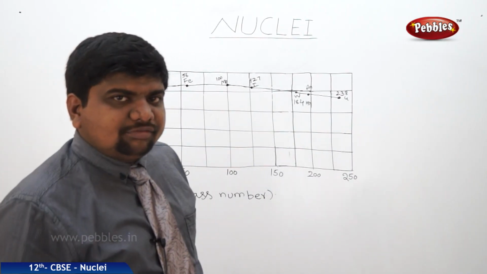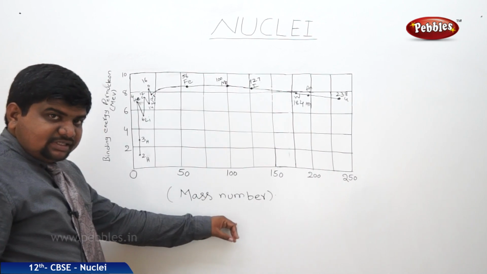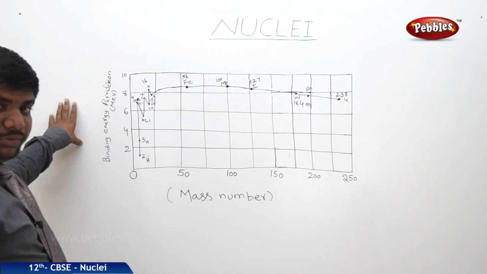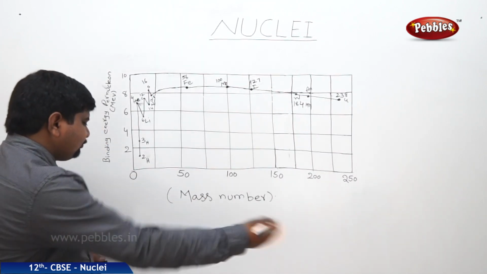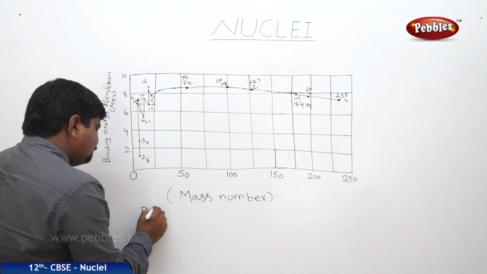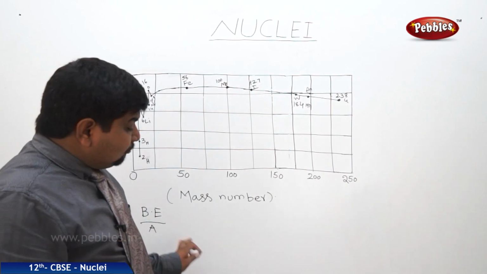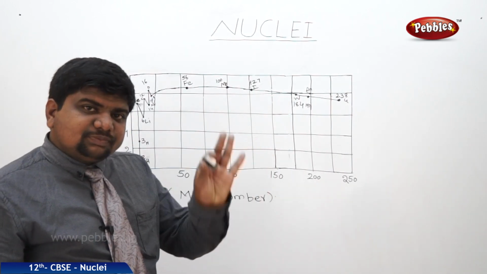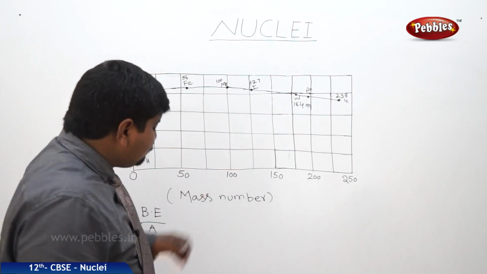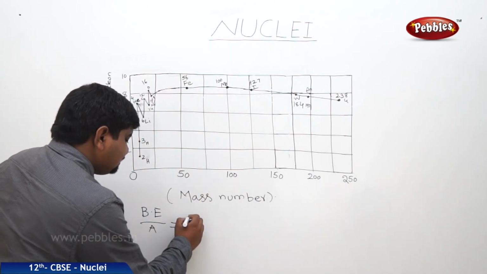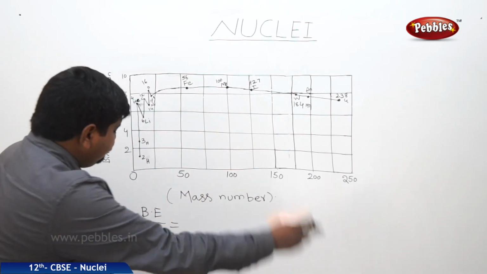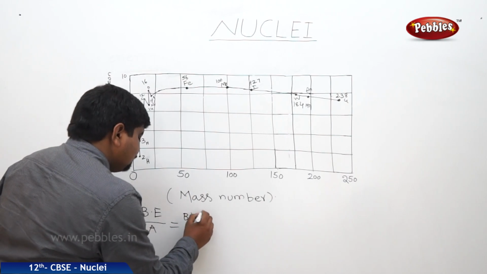Now we will see the graph which relates the mass number to the binding energy per nucleon. See, binding energy per nucleon is BE by A, where A is the mass number. Mass number is nothing but the number of nucleons present inside the nucleus.